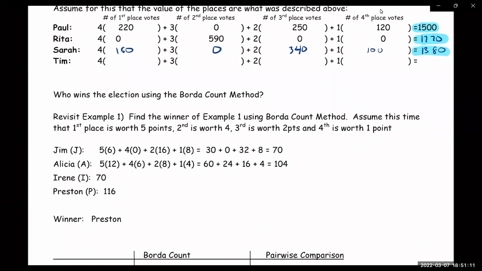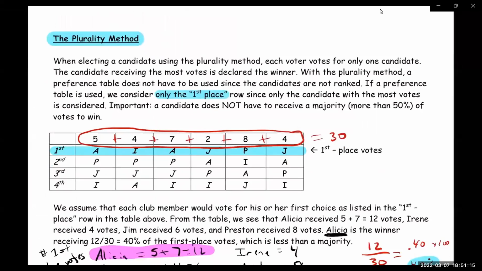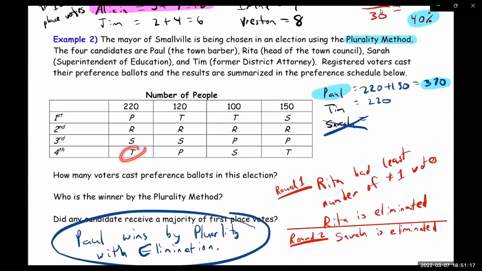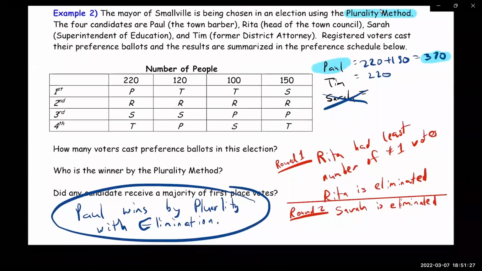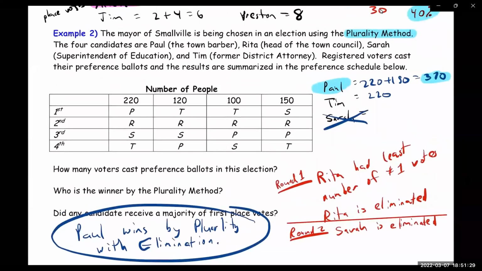And then we can do the last one, which is Tim. So let's see how many first place, second place, third place, fourth place votes Tim got. First place votes, Tim gets 220.